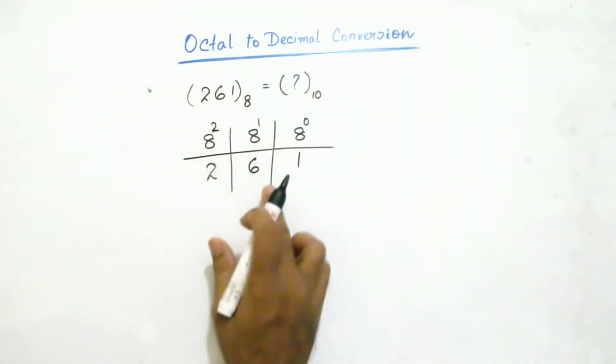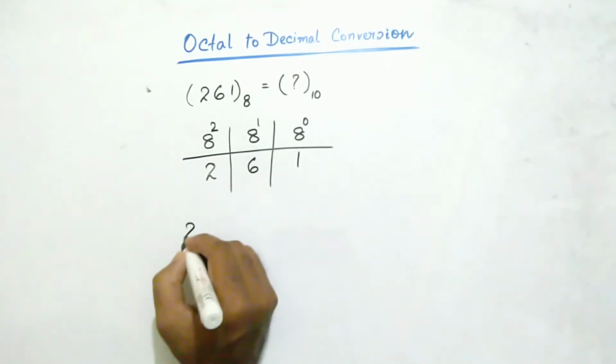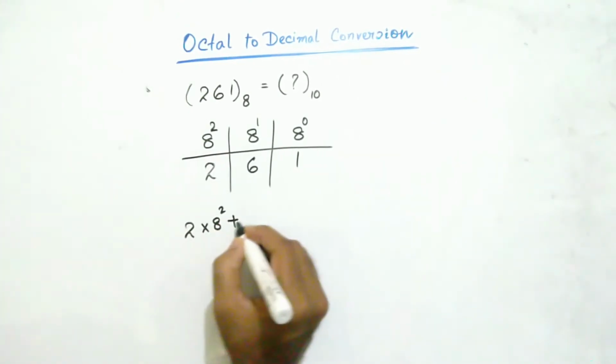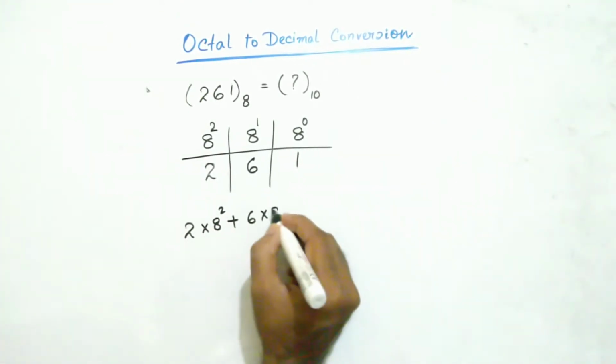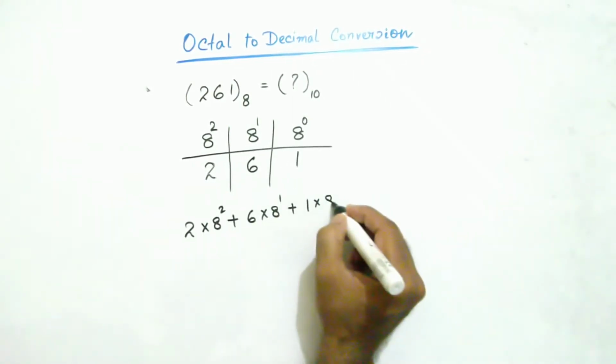So now our next step is to multiply the digits with their positional weightage and then sum them together to get the decimal equivalent of our given octal number.